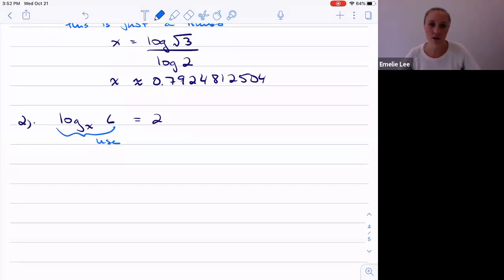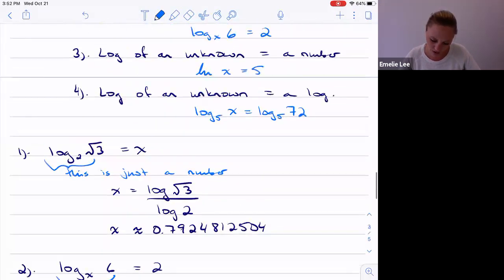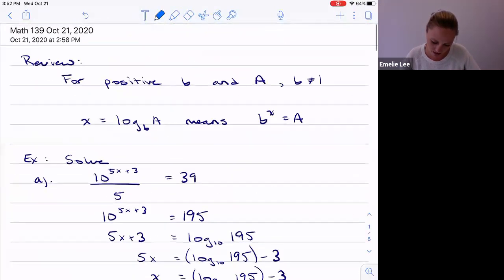If we go all the way back to the beginning, log base x of 6 equals 2, I can rewrite that here.